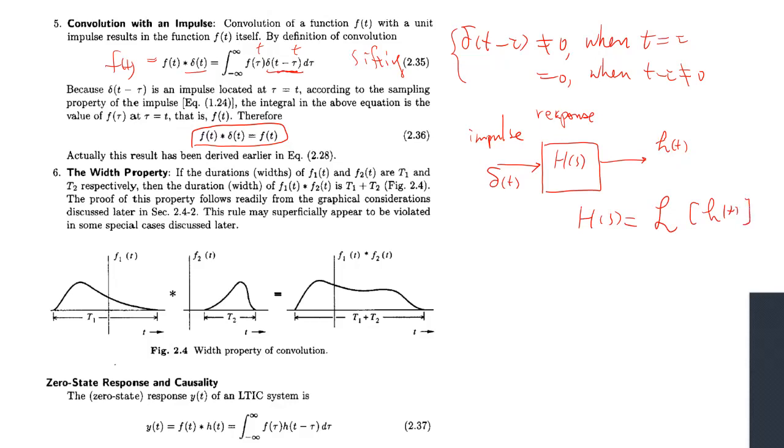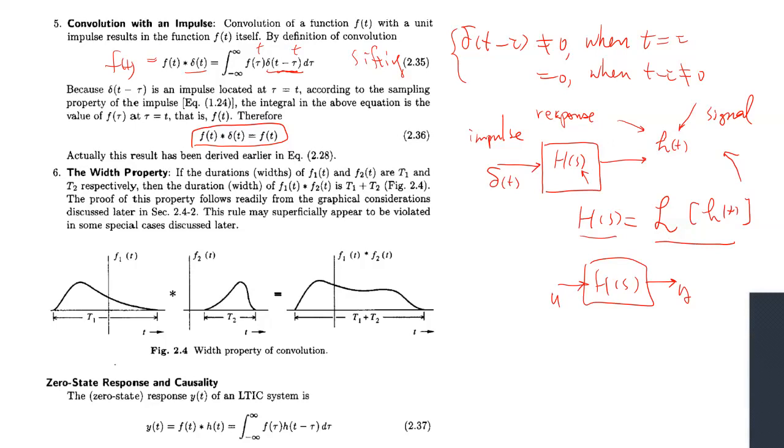Remember I said something in the beginning: a signal is a signal. A system is a mapping between signal 1 and signal 2. On the other hand, this signal can be regarded as the impulse response of a dynamic system, and its transfer function is the Laplace transformation of the signal.